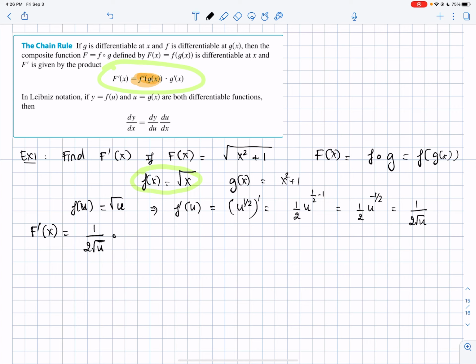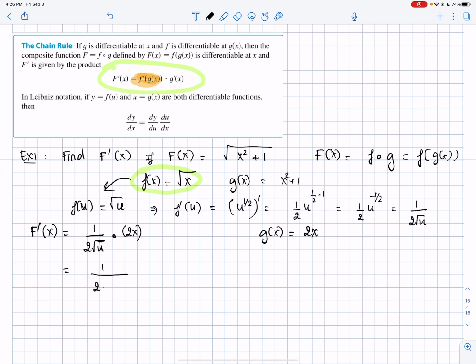Then the next one is multiply by g prime of x. So g of x is x squared plus 1. We use the power rule on the x squared, so we get 2x, and the derivative of 1 is 0. So we just get 2x. Now let's write everything in terms of x.